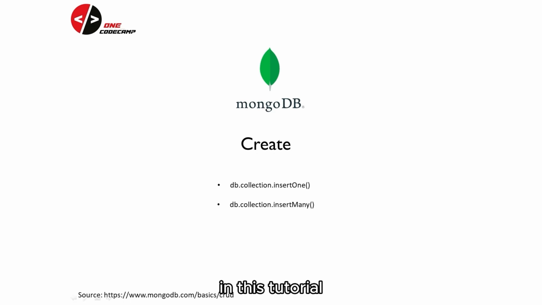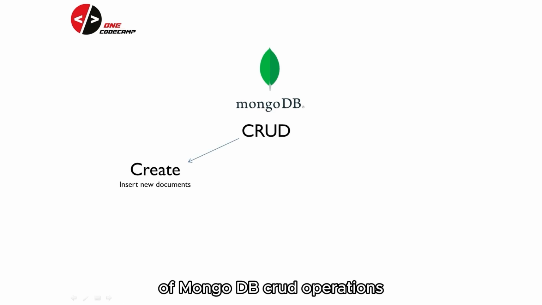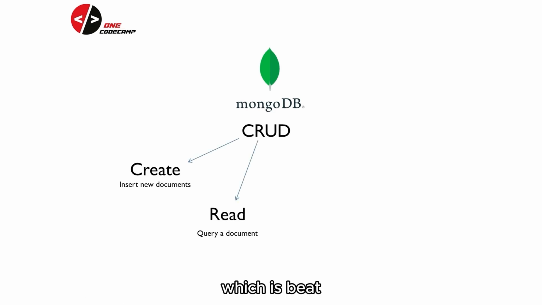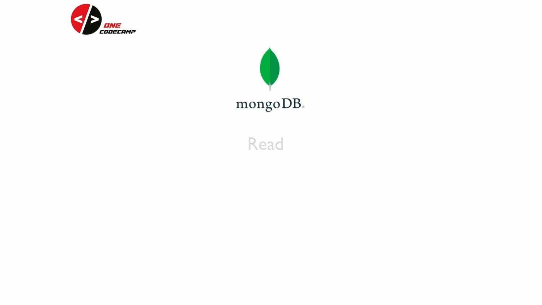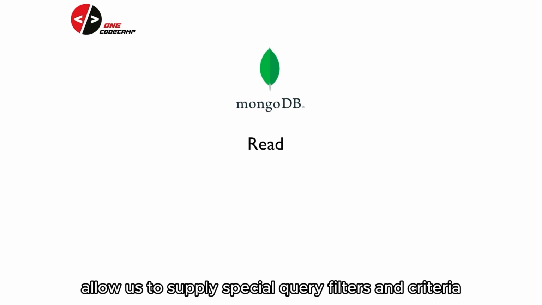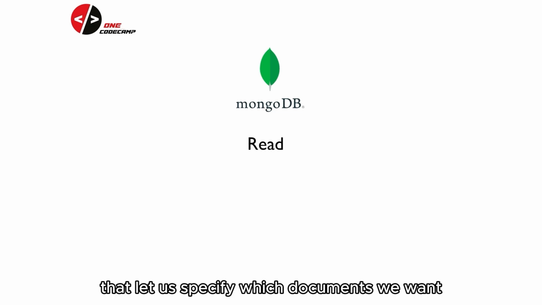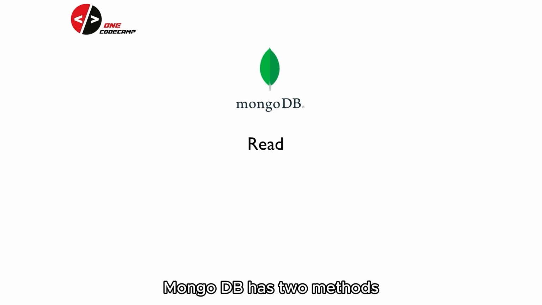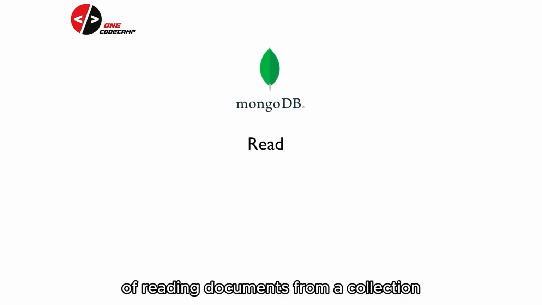In this tutorial, we are going to learn the next part of MongoDB CRUD operations, which is read. The read operations allow us to supply special query filters and criteria that let us specify which documents we want. MongoDB has two methods of reading documents from a collection.